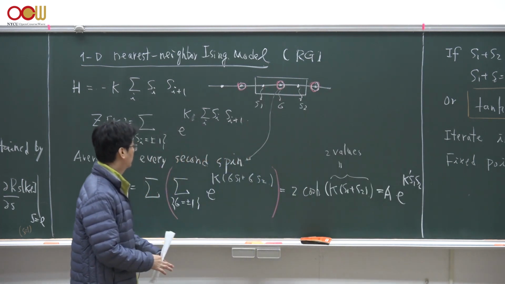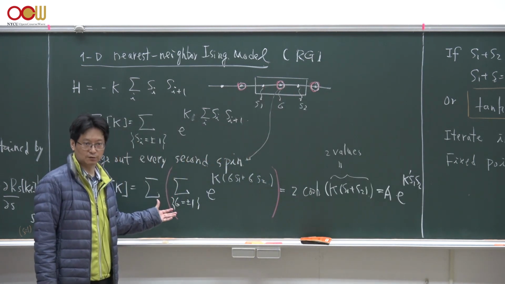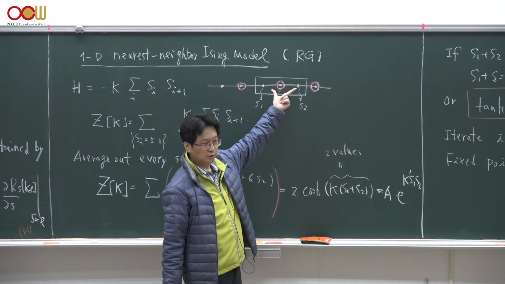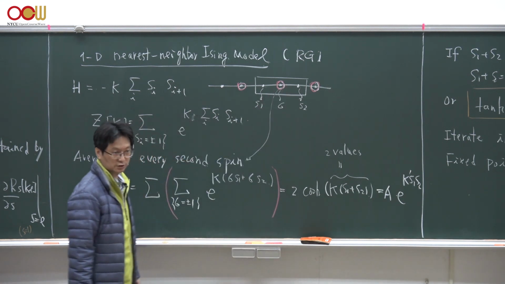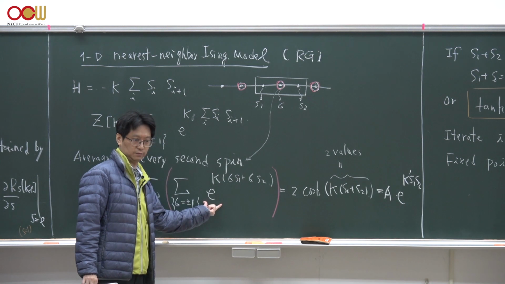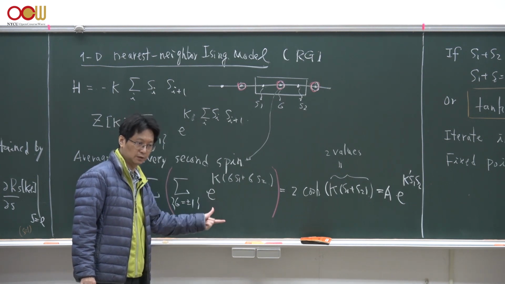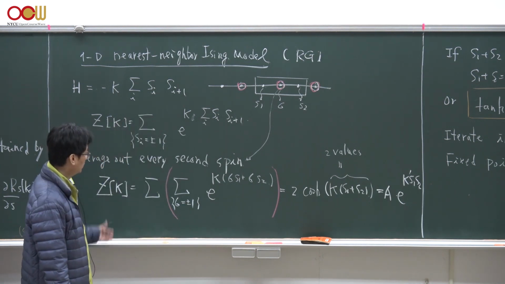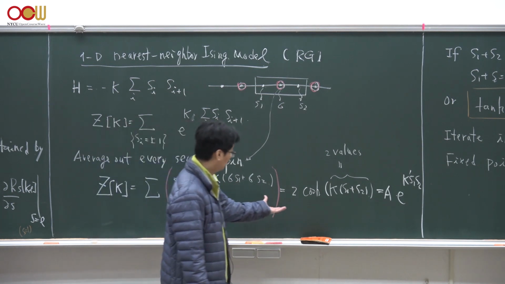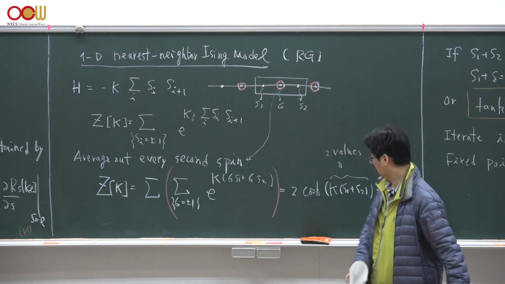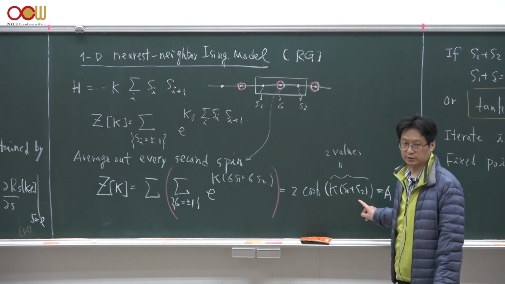The middle site is the spin that we want to sum over, but there are S1 and S2 that connect to the sigma in that term right there. So we need to sum over the sigma. And when we do so, you get a very simple form, which is 2 times cosh of K times (S1 plus S2).